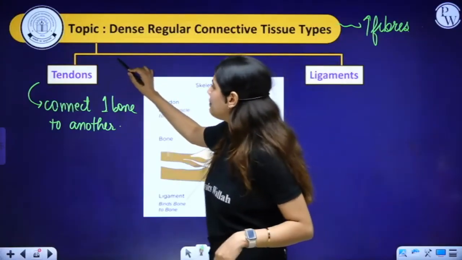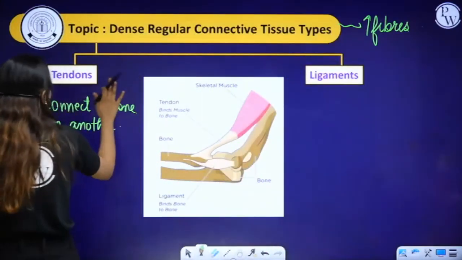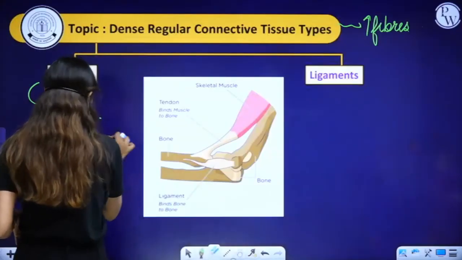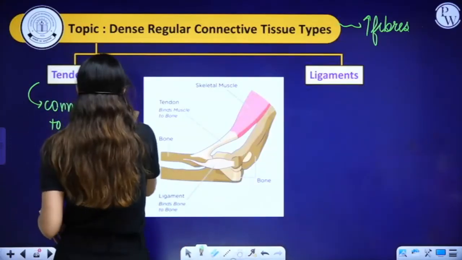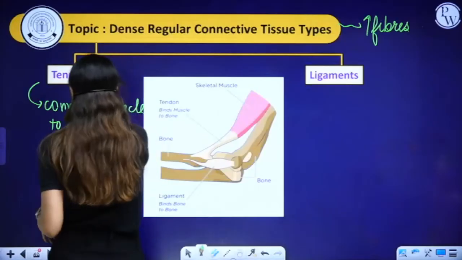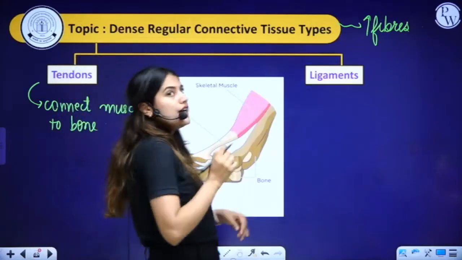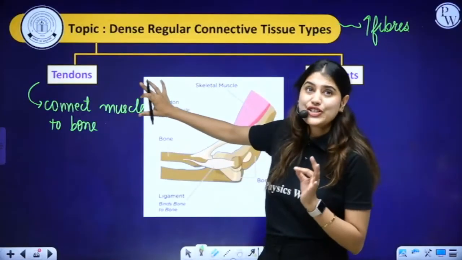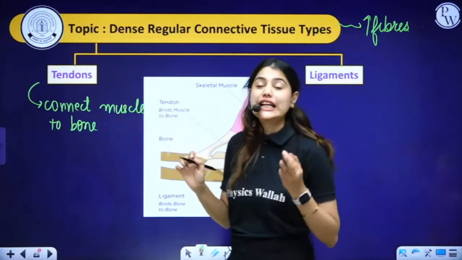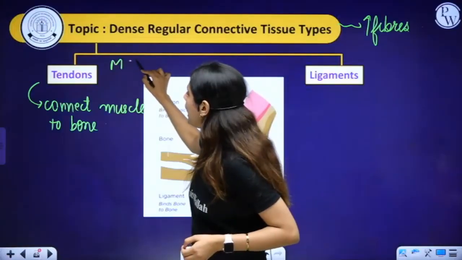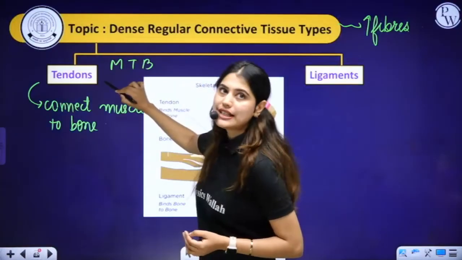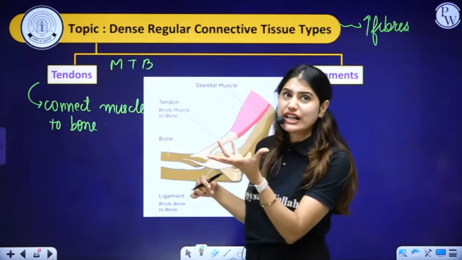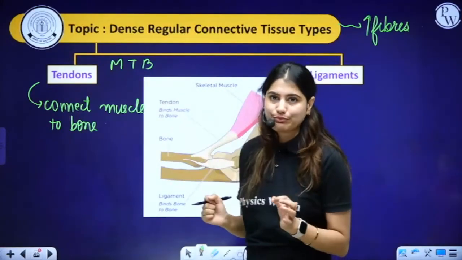Okay, really sorry, it will be connecting the muscle to the bone. So tendon is basically nothing but a tissue which connects a muscle to the bone. We can remember this via the trick MTB. M for muscle, T for tendon, B for bone, right? That is the tendon which connects muscle and the bone, right?